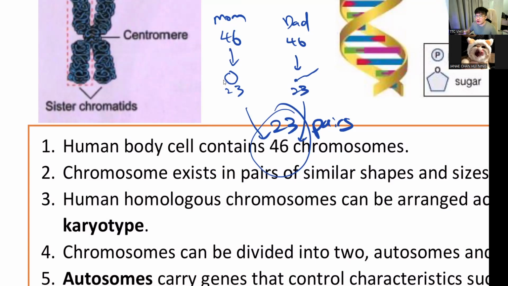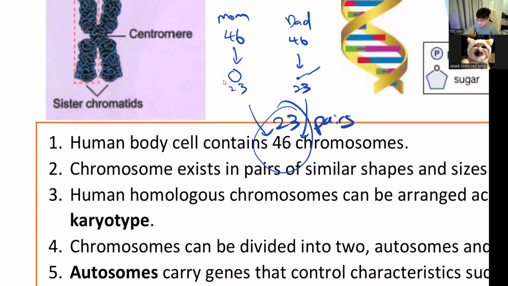This time you will draw ace of spade. Next time you don't, and things like that. That's why when your mom gives you her ovum and your dad gives you his sperm, it's a random thing, and you are getting different genes compared to your siblings, right? You get a certain 23 of your mom, but your sibling, do you have any siblings?